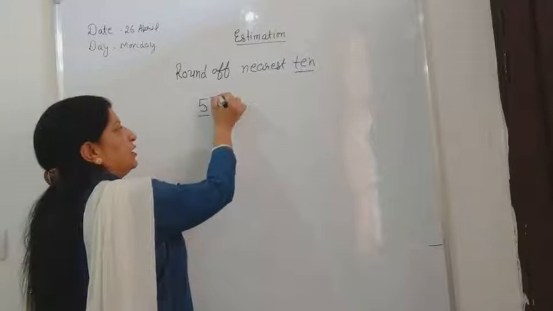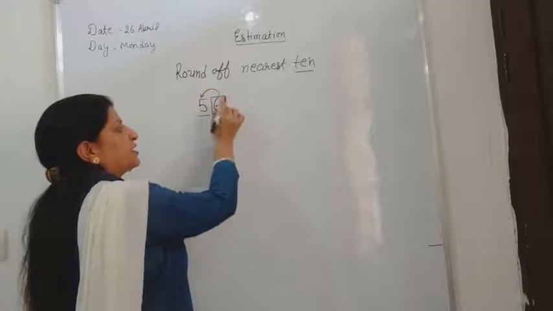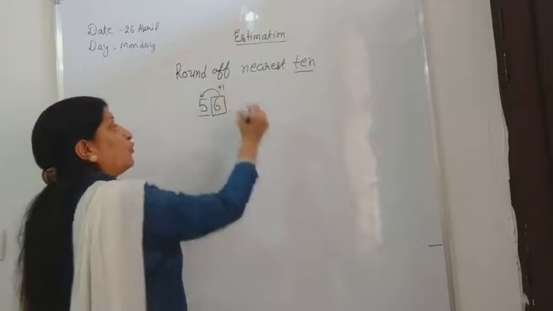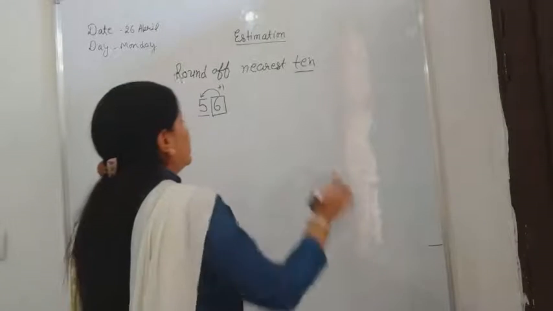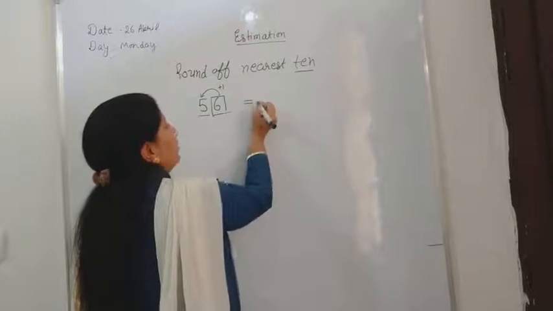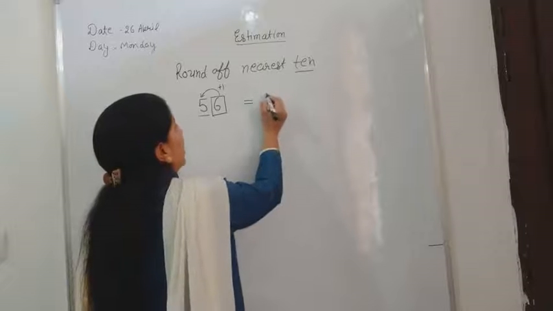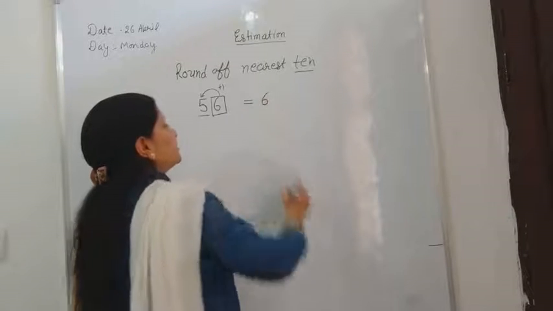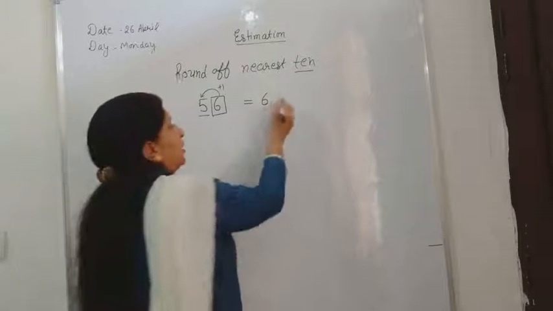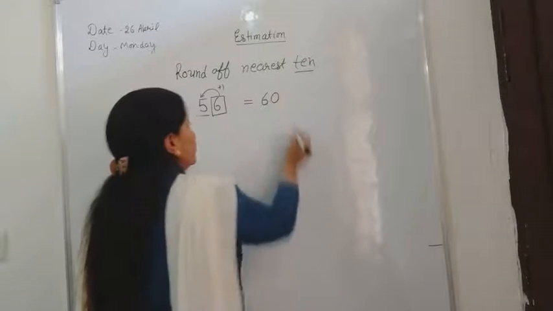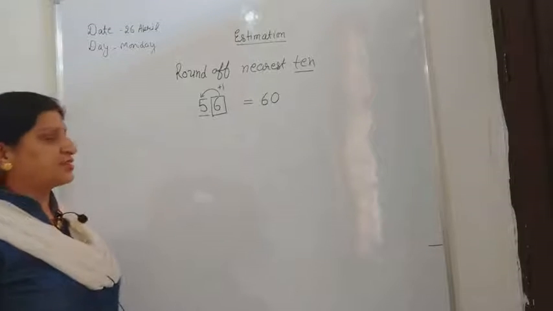Now we see that this 6 is greater than 5, so we add 1 to the tens place digit. After adding 1, our number becomes 6, and we replace the ones digit with 0. So our answer is 60.